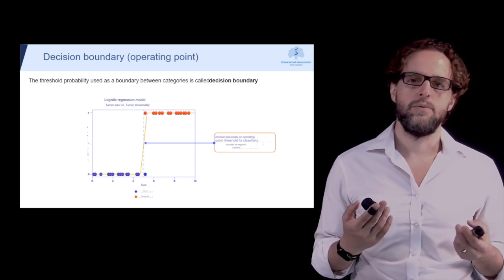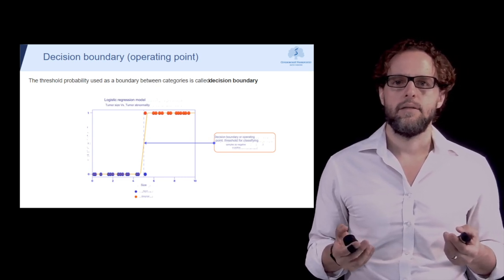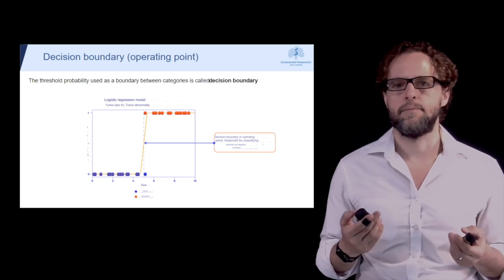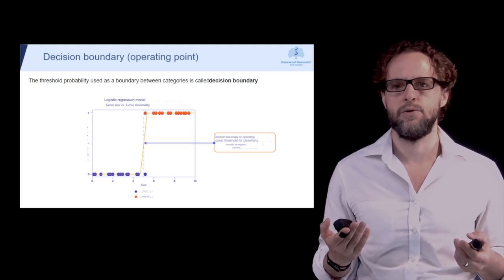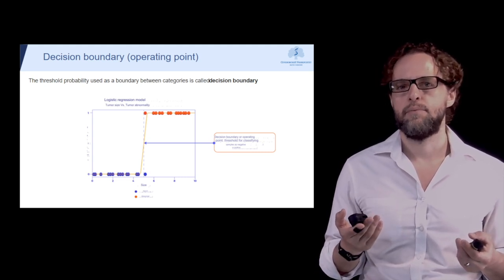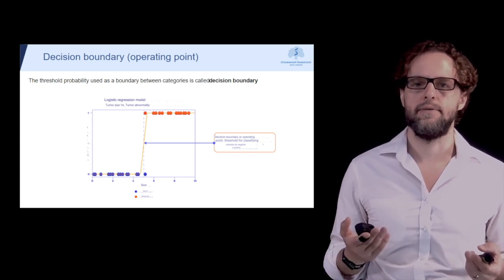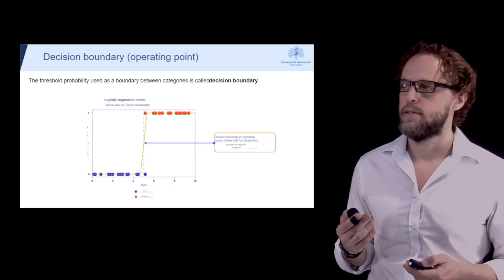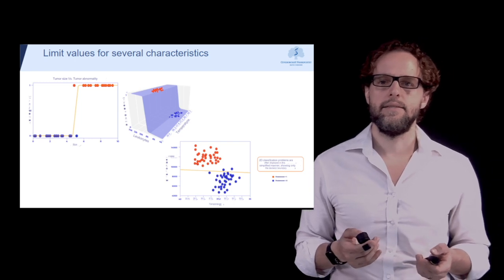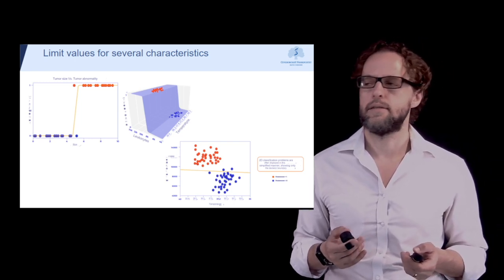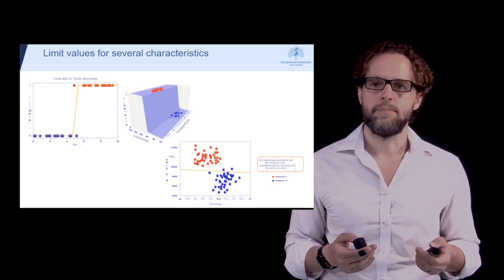And so if we're making a screening test in healthcare in which false positives are acceptable but false negatives are not, the operating point can be adjusted so that more examples are classified as positive. In this case, setting decision boundaries for several characteristics is similar to setting one characteristic.